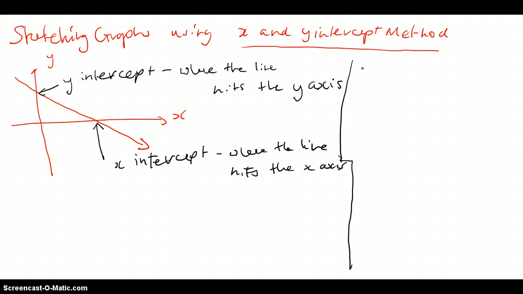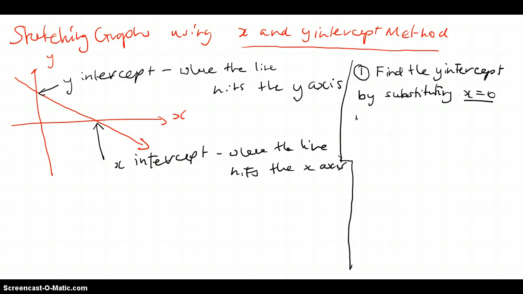The first step is you need to first find the y-intercept by substituting x equals 0 into the given equation.